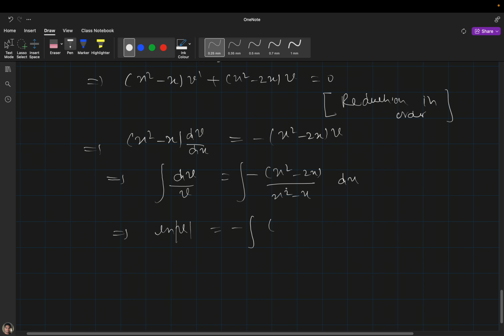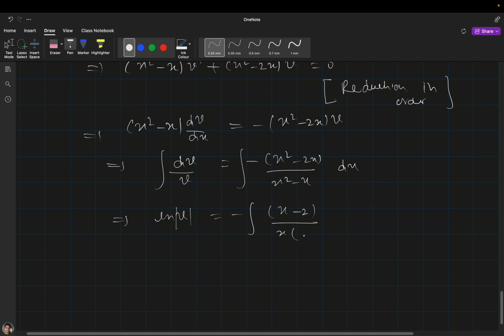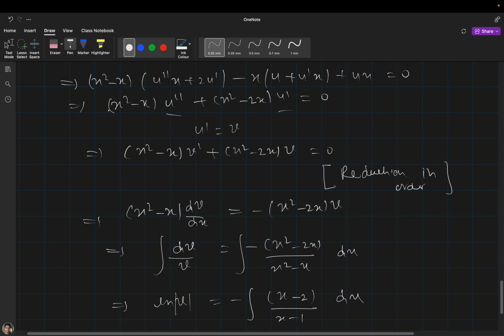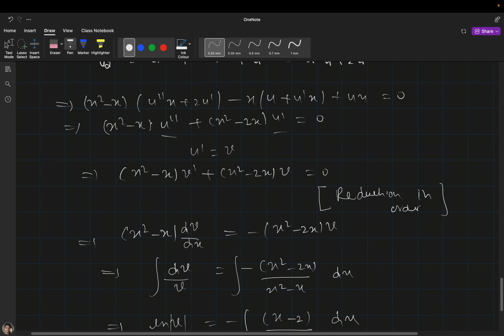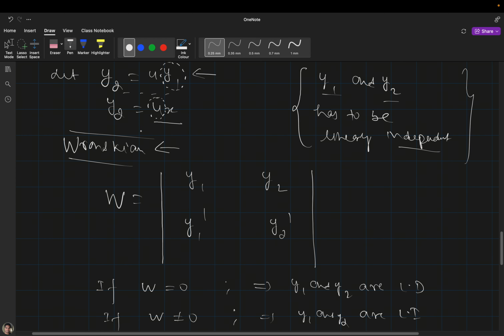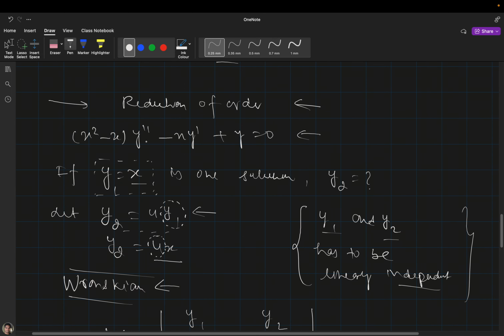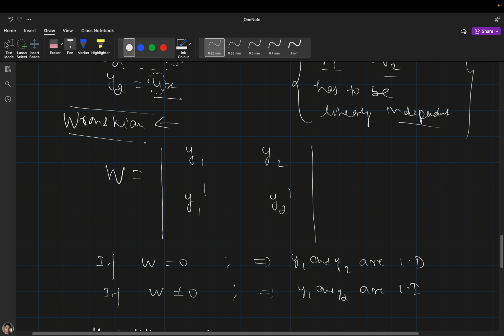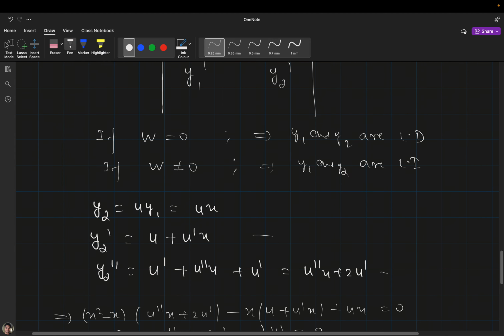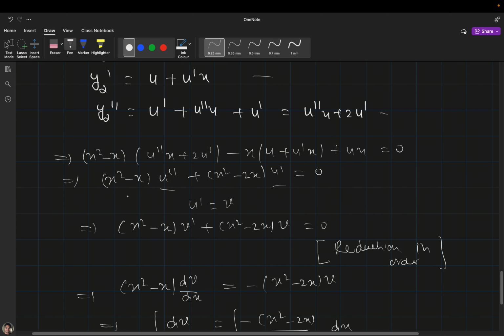So you can see that I can also take x common, so that will be (x − 2) divided by x times (x − 1) dx. Have you any doubt? Okay, here actually it should be cube. In the problem, I think it's a cube.